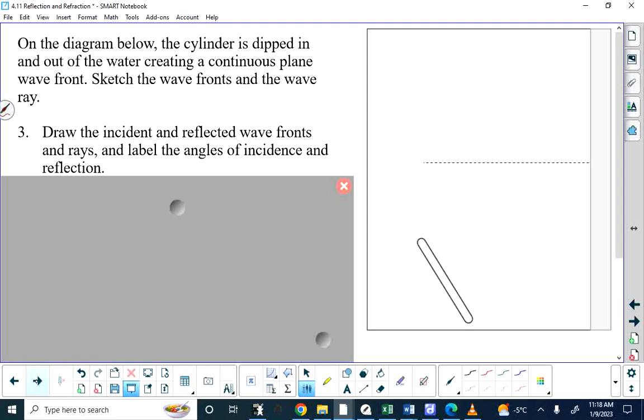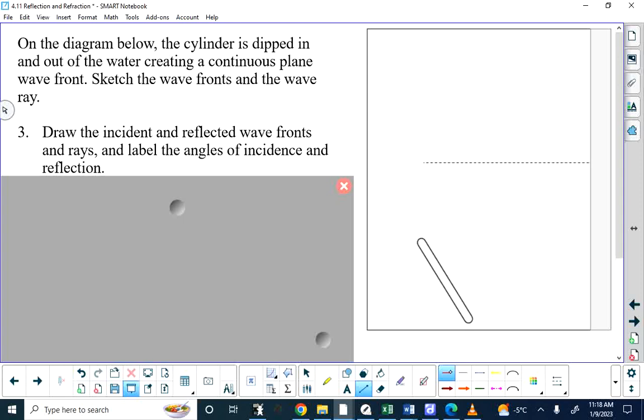Now, I'm not going to get you to draw everything here, but would you agree in general that if I take this cylinder and I dip it in and out of the water, I'm going to create a whole bunch of wave fronts. You can choose to draw a few if you like. I don't really care if you draw them or not. But what I don't want you to do is draw all of the wave fronts I'm going to draw.